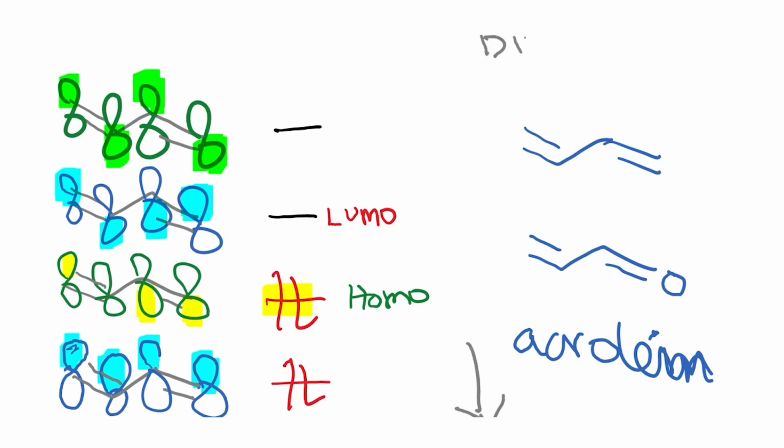Second thing is that what you can expect from previous discussion is that there's going to be a fair amount of distortion and asymmetry because of the presence of the oxygen. Now, if I draw out the levels for acrolein, I'm going to draw this out in the following manner so that it's easy for us to follow, and then we'll draw out the orbitals.